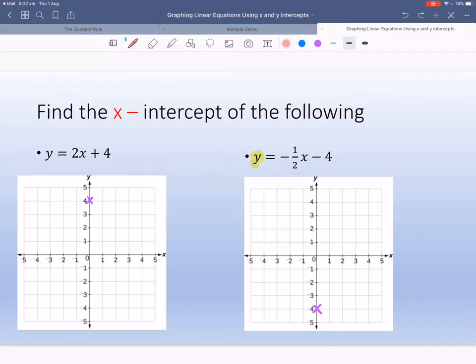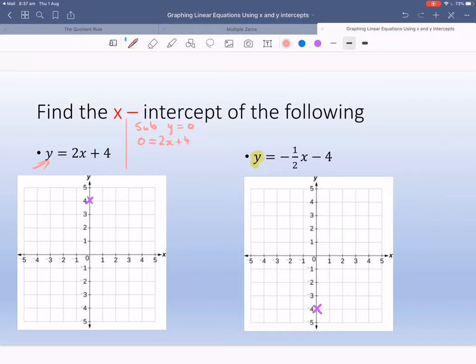So I'm going to sub y = 0 into this. Instead of y, what am I putting in? 0. So we're left with 2x + 4.